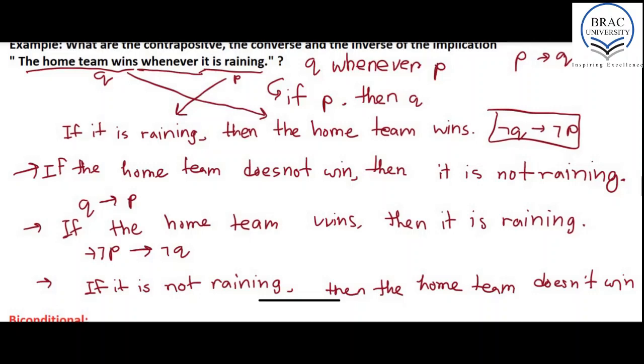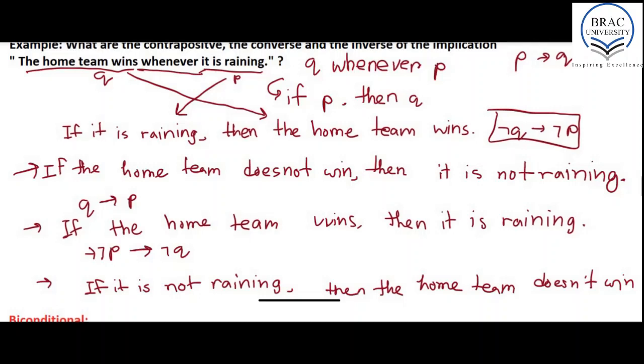Now for the contrapositive, we need not Q implies not P. So we write, if the home team does not win, then it is not raining.